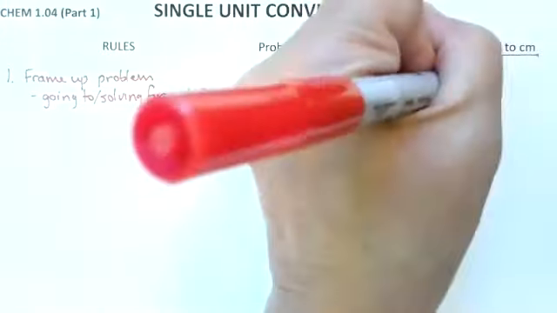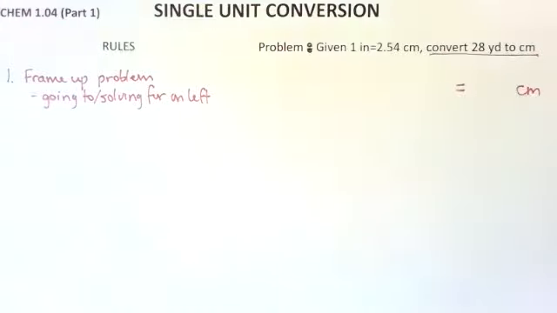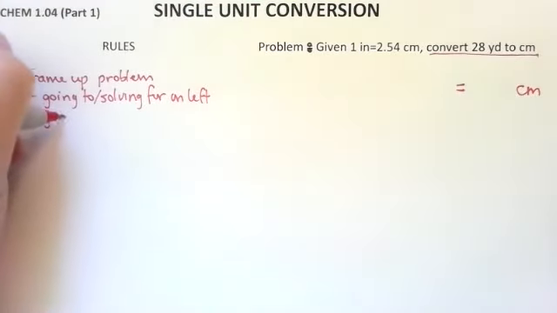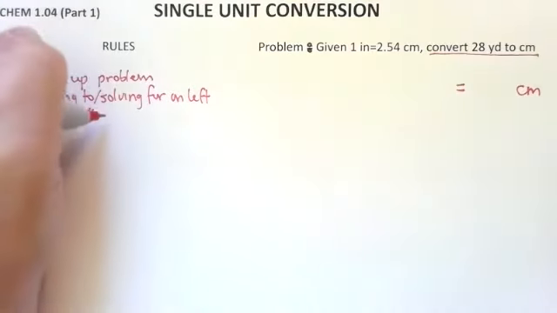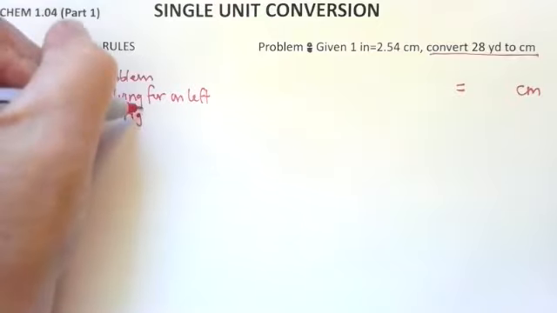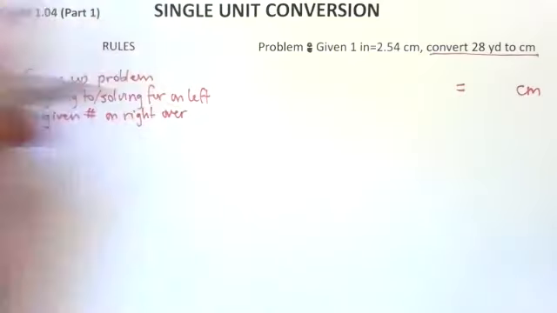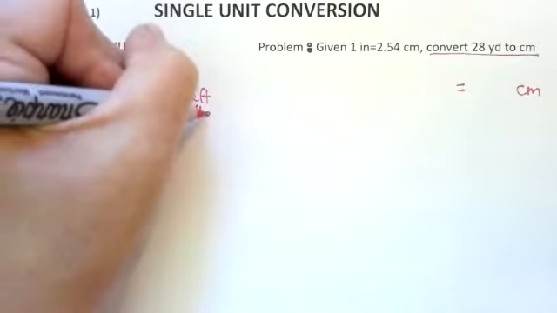So in this case, I'm going to put an equal sign. I'm solving for centimeters. And the given number or the given value goes on the right, over the number 1.